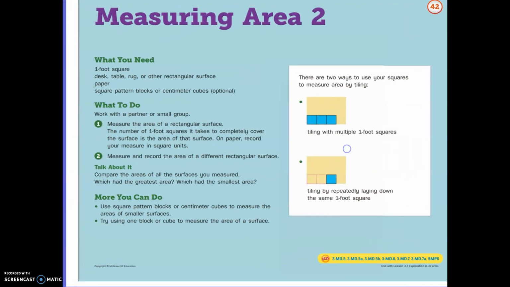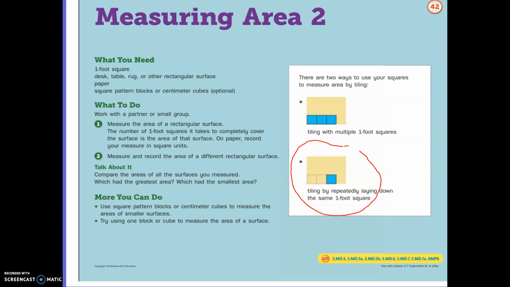Whoops, I need the pen. I would do it this way. I would lay it down and mark kind of where it was with my finger, pick it up, lay it down, mark again, pick it up, lay it down, so I could determine what the area was of my kitchen table.